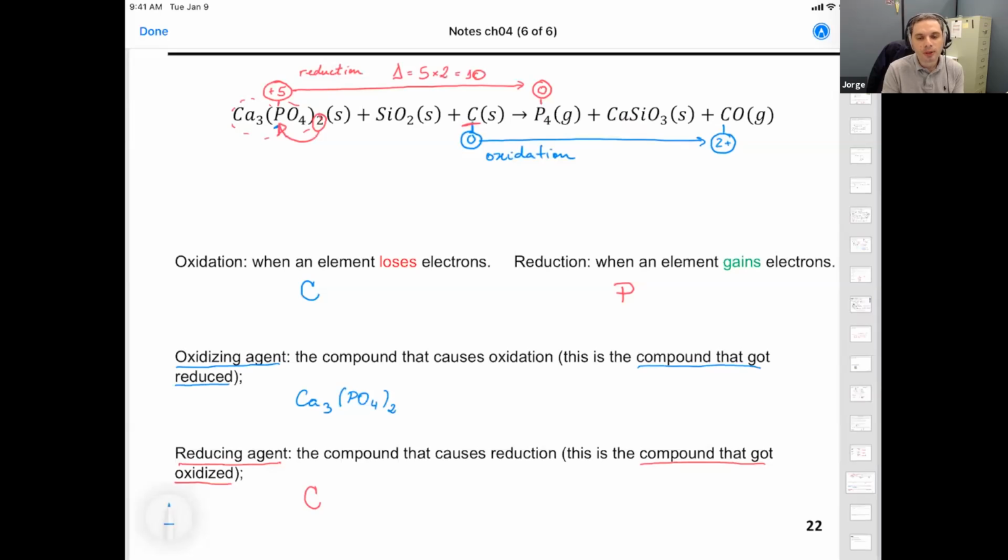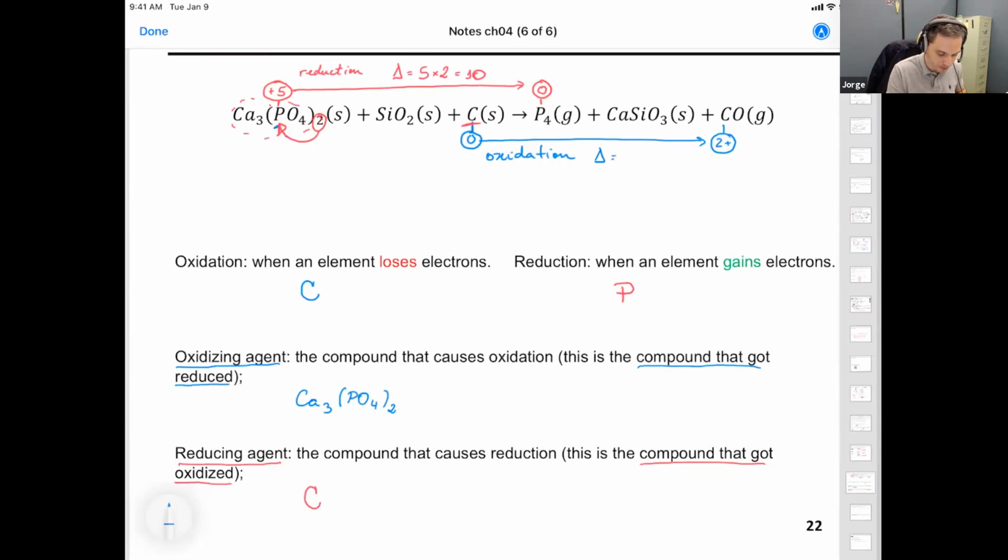And I'm going to do the same thing for the oxidation leg of the equation. So again, here we are going to determine a parameter called delta. Delta will tell us the absolute change in the oxidation number.